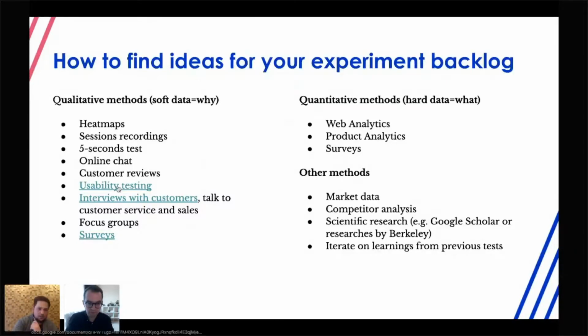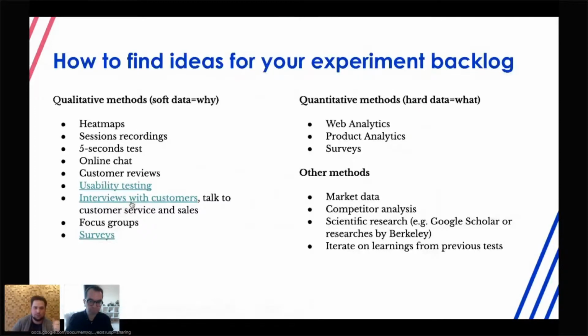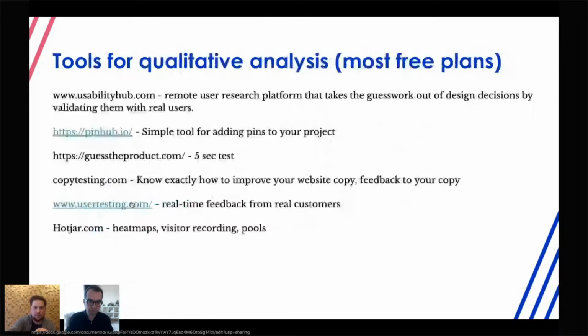So I attached here a usability testing step-by-step guide, examples of surveys to customers, and examples of how to do interviews with your customers. And I also linked a few tools for qualitative analysis. Most of them are on a free plan.